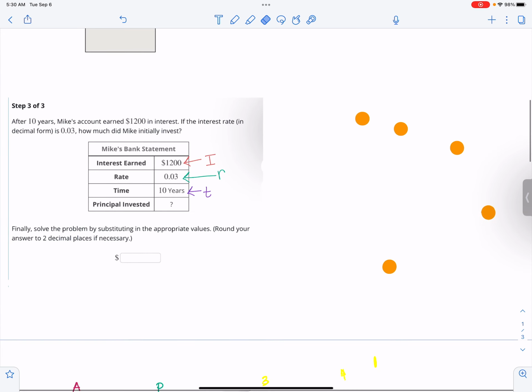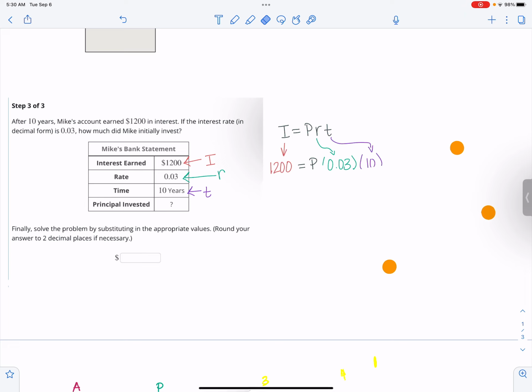And so the first thing, I've got my formula. Well, I need to fill in that formula for the variables that I know. 1,200 equals P times 0.03 times 10 because those are the values that they gave me. And then from there, I'm going to multiply those two numbers, 0.03 times 10, which is going to give me 0.3.